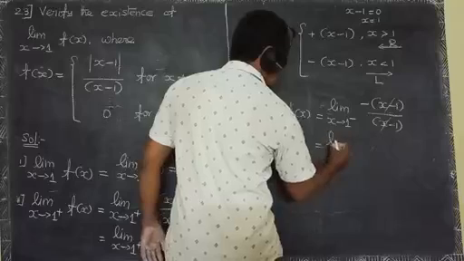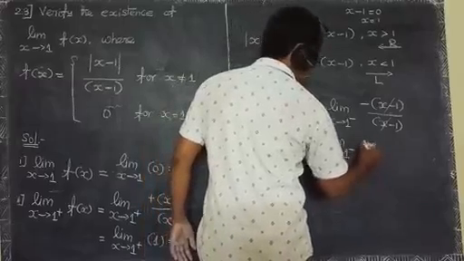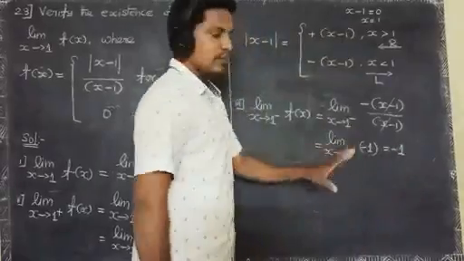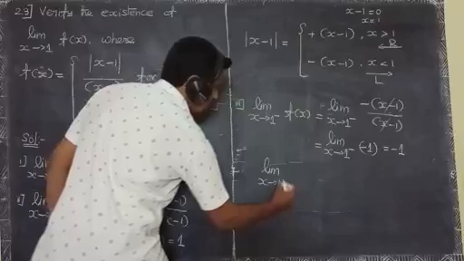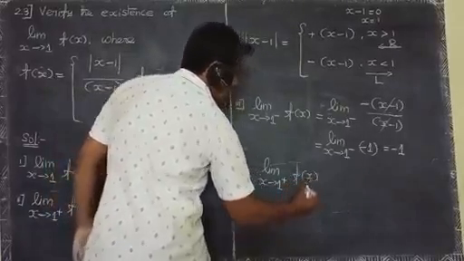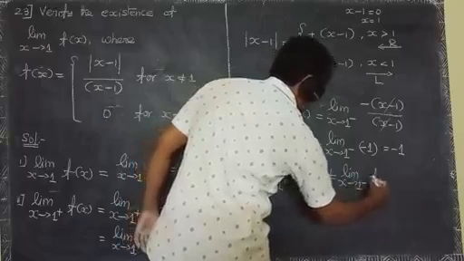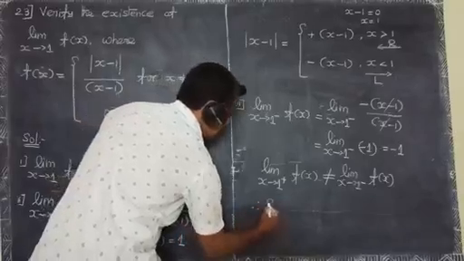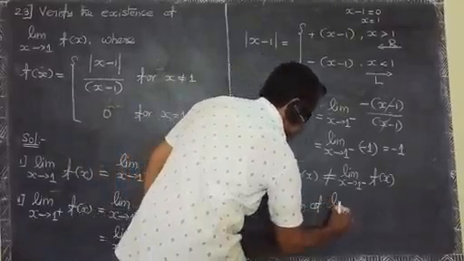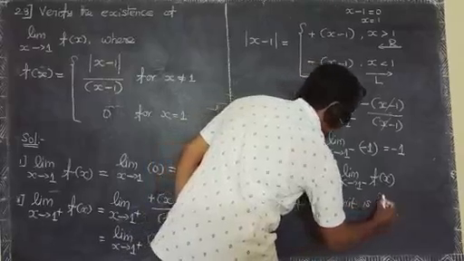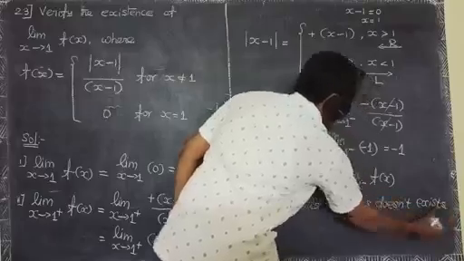Then the final result is minus 1. Here the limit as x approaches 1 from the right of f(x) is not equal to the limit as x approaches 1 from the left of f(x). Therefore, the limit of the given function does not exist.